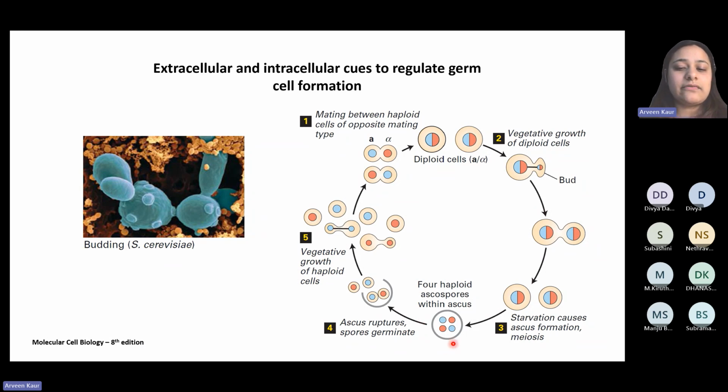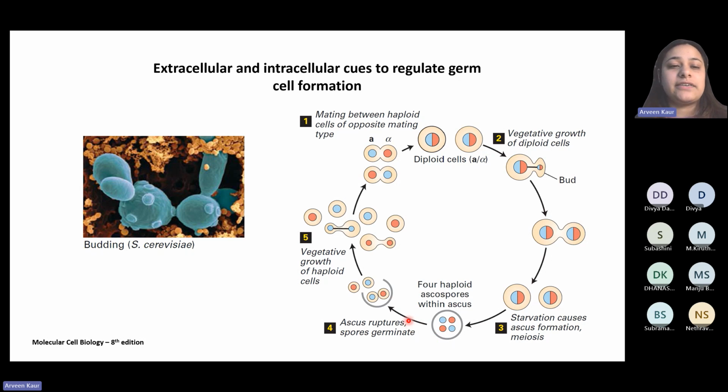And within this covering, there will be four haploid ascospores that will be formed, right? So from that one particular yeast that has formed the ascus around it, DNA duplication will have occurred. It will become tetraploid. From that, four different ascospores will be formed.